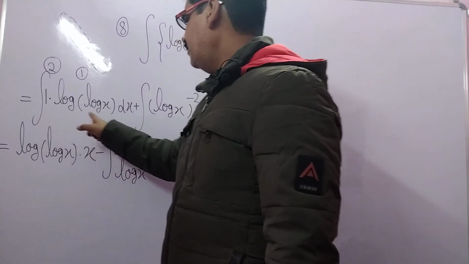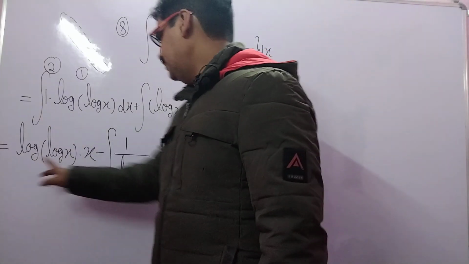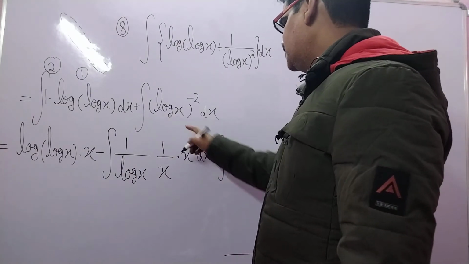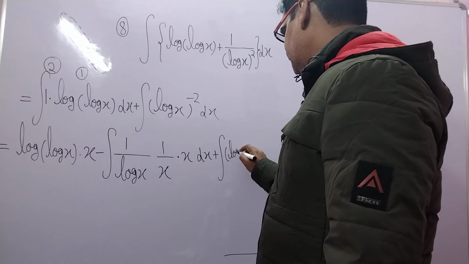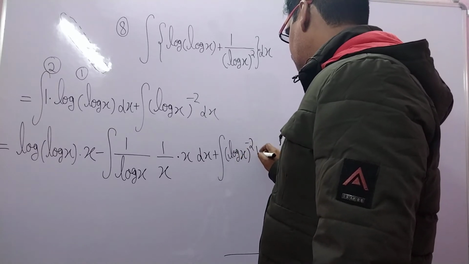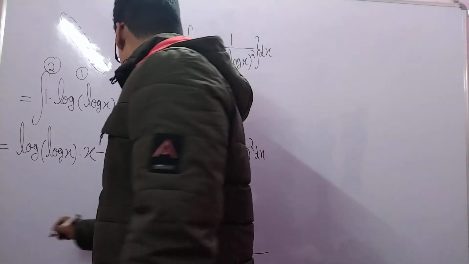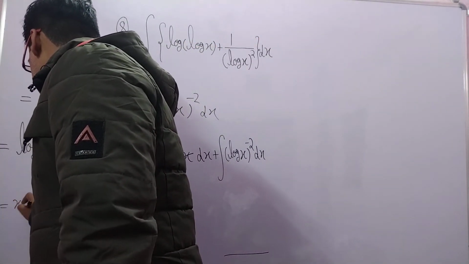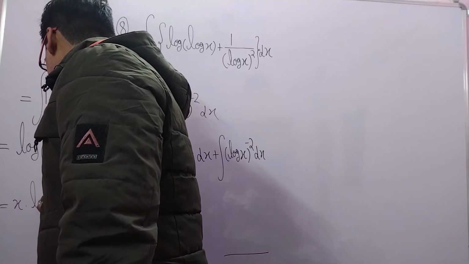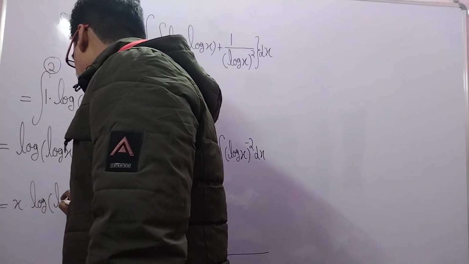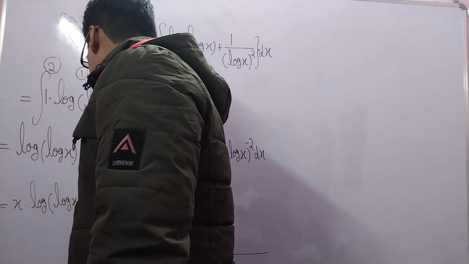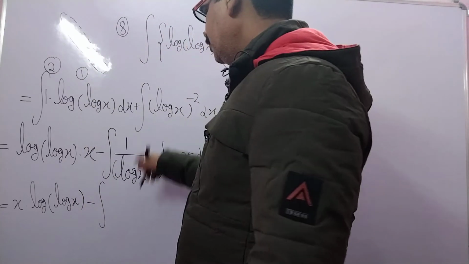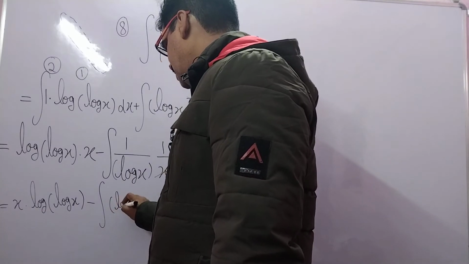It is the integration of the second function, and now we write log x to power minus 2 as it is. x is cancelled out from x. x log x minus, we take it to the numerator, so it becomes (log x) to power minus 1.